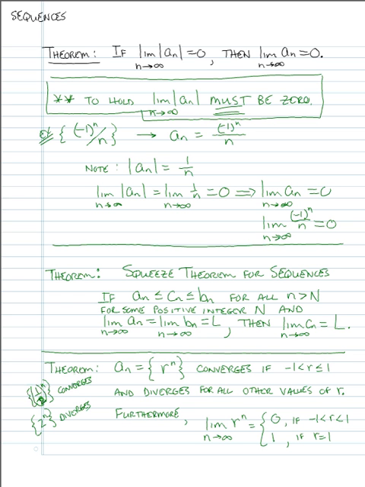It would be equal to 1 if the r value is 1. I mean, if r value is 1, we have 1 to the nth. And so no matter what n is, we have 1, 1, 1, 1, 1. And of course, the limit of 1 over and over and over is just 1. That's not very interesting. It's really this case that we're most interested in.